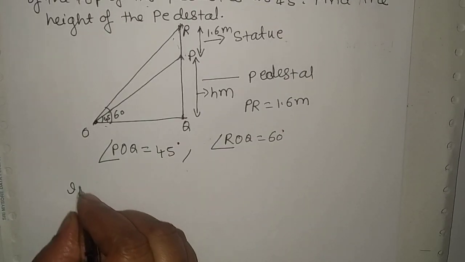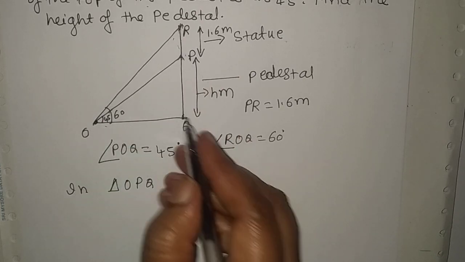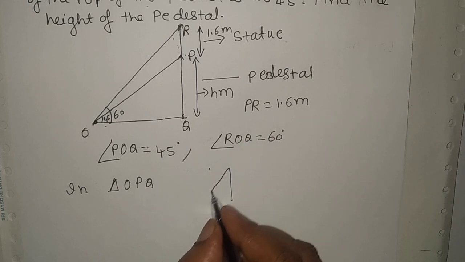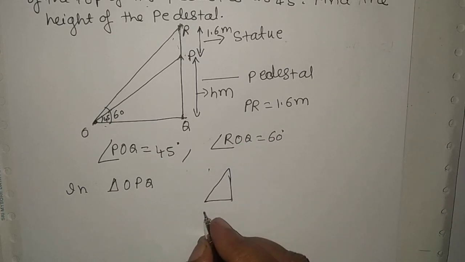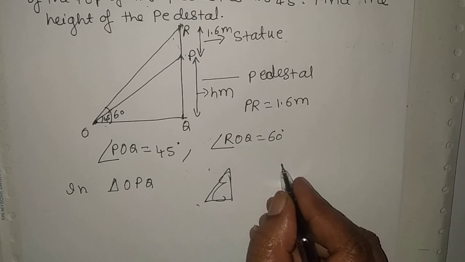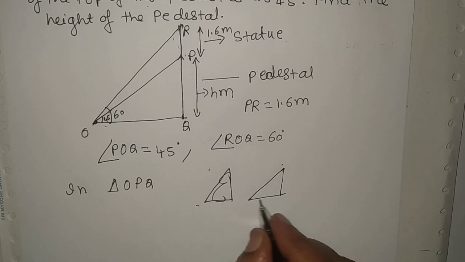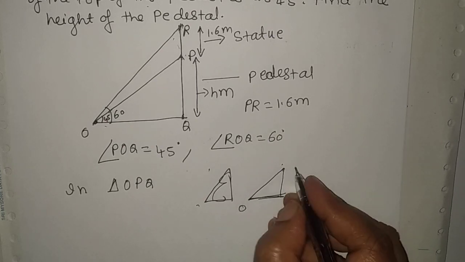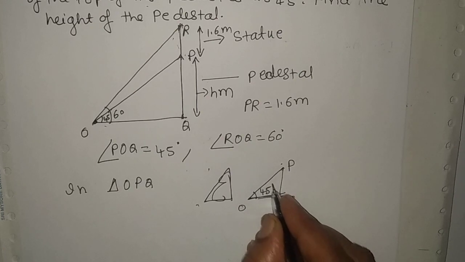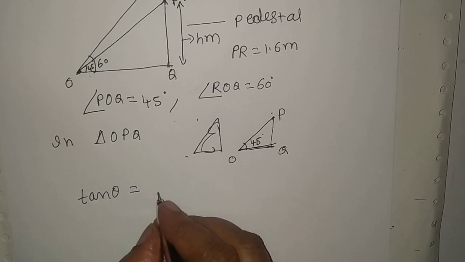Now in the triangle OPQ, with 45 degrees, we have to find tan theta.